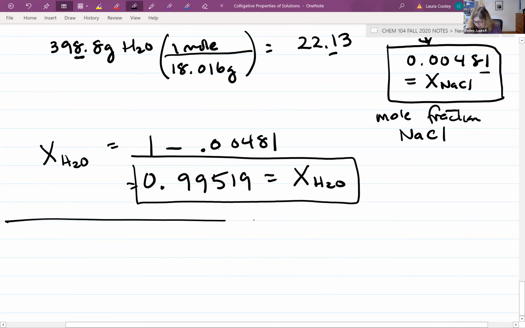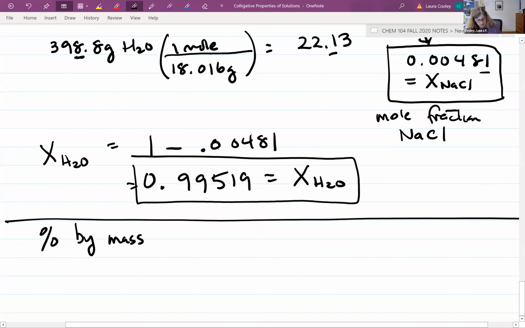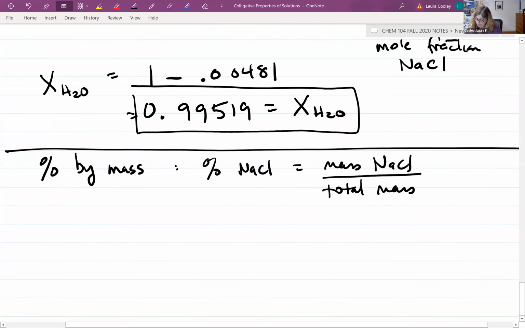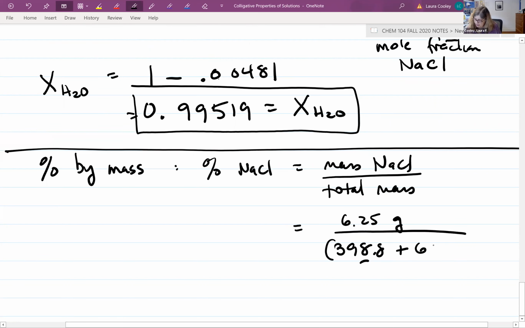All right, so what about percent by mass? This is something that you did a lot in the copper lab, so I think you know how to do this. The percent of sodium chloride would be the mass of the NaCl divided by the total mass. So the mass of the NaCl is 6.25 grams, and we divide that by 398.8 plus 6.25 and multiply by 100, and that would be 1.54%.